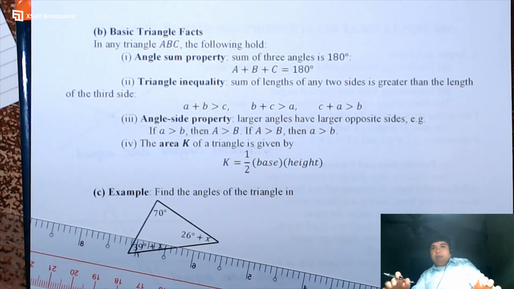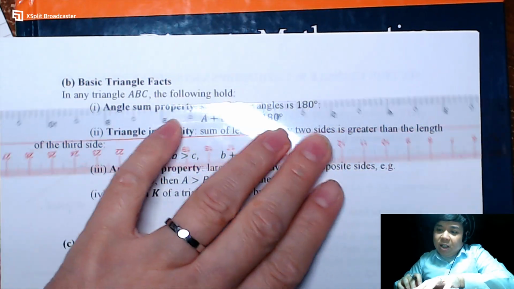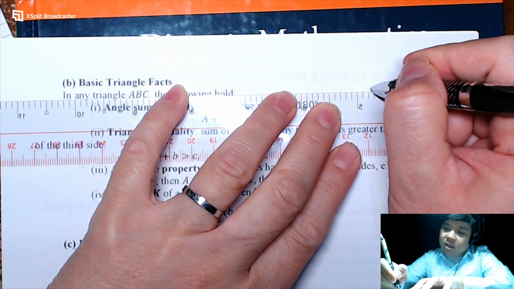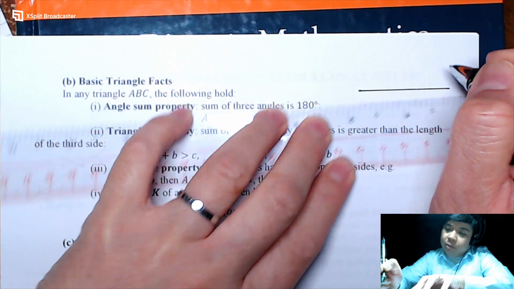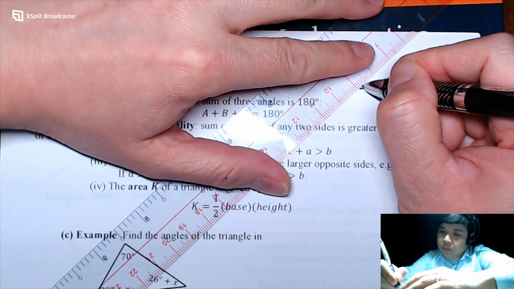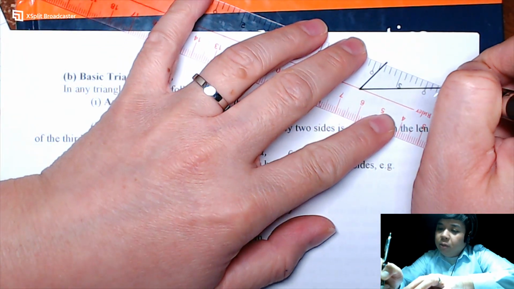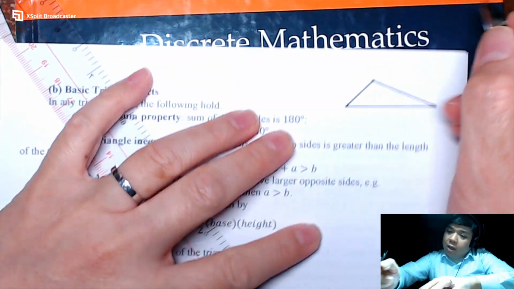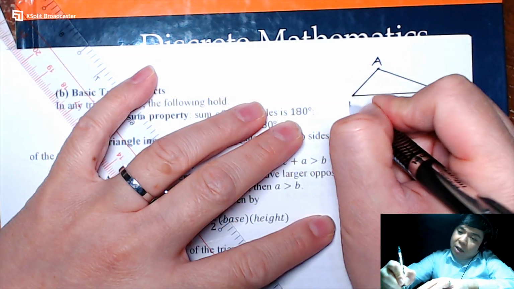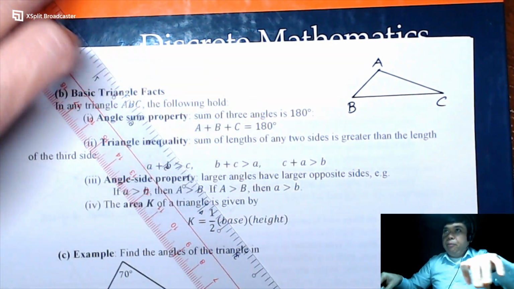So why is that? I'll do a little proof here. I'll draw a triangle first. Let's say that angle A, that ABC, a triangle here.